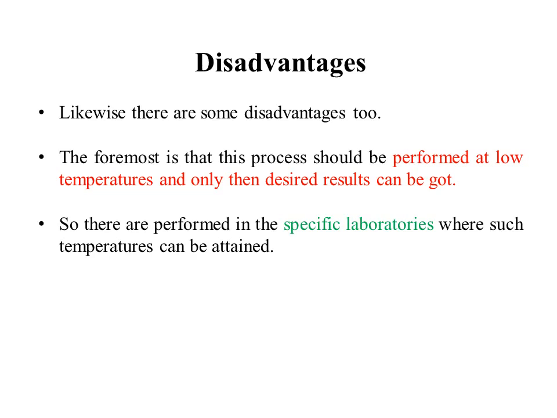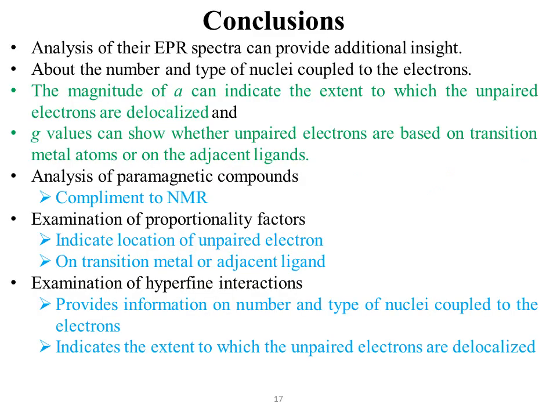When the spectral lines are not resolved, they are very close to each other, they are merging with each other, so it is not possible to detect or allocate the signal intensity, and we are unable to locate the position of the electron, whether the electron is located on the metal or whether it has more tendency towards the ligand.